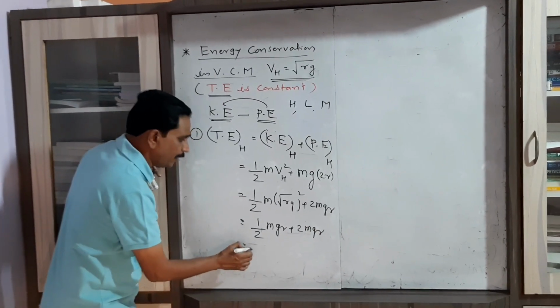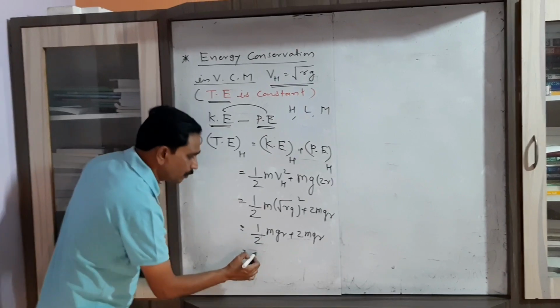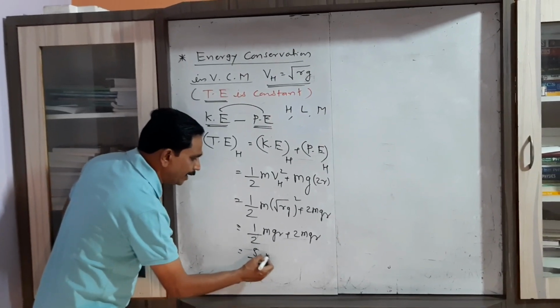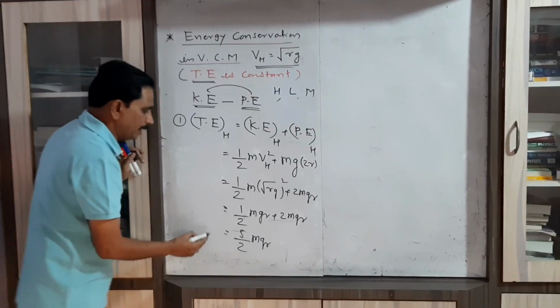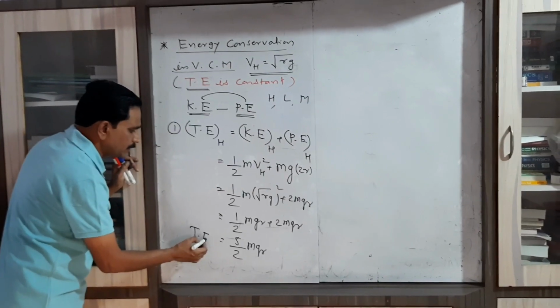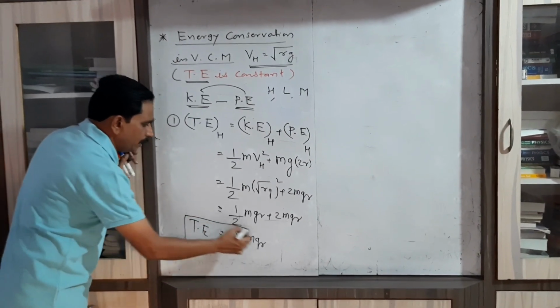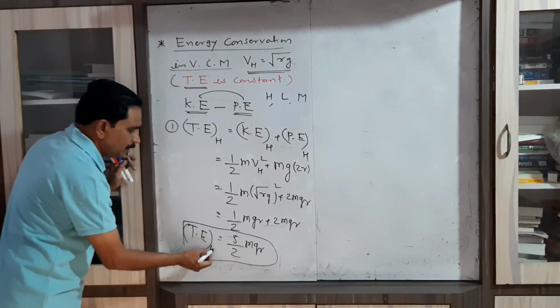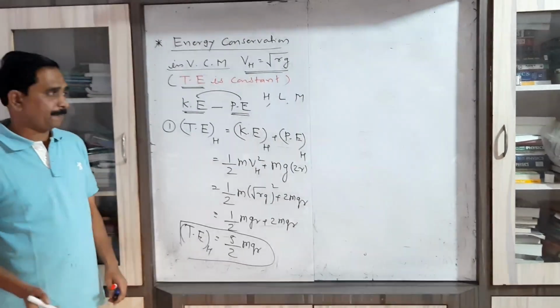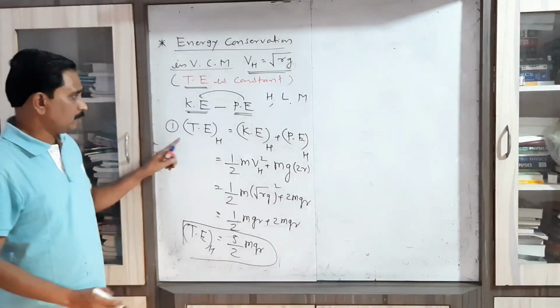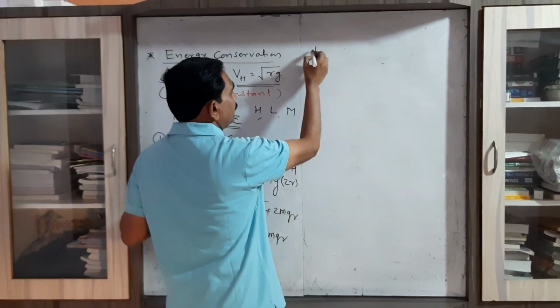Now if we simplify again, that is 1 plus 4, it is 5 by 2 mgr. So this is the expression for total energy at which position? At the highest position.